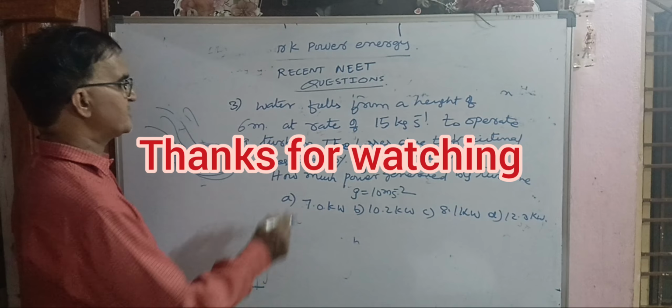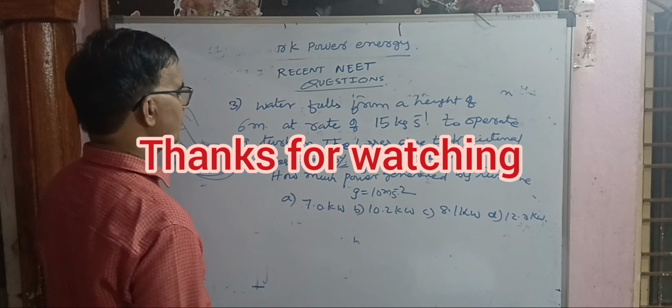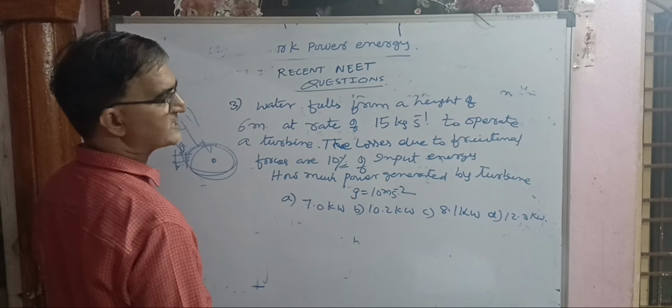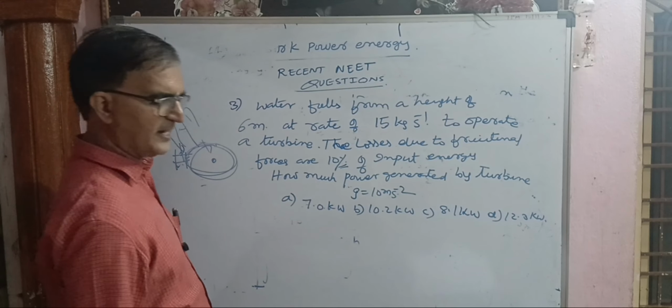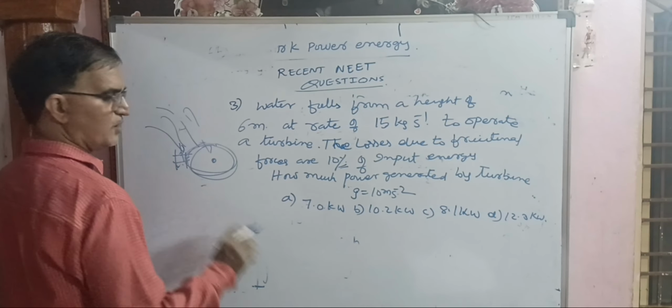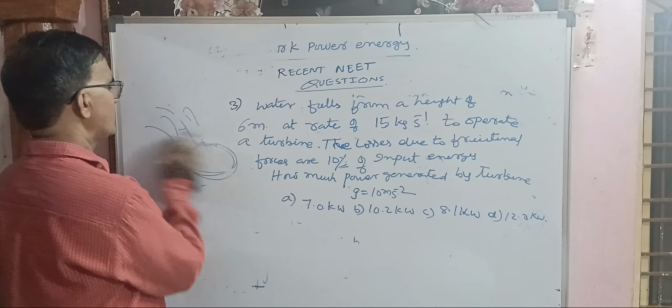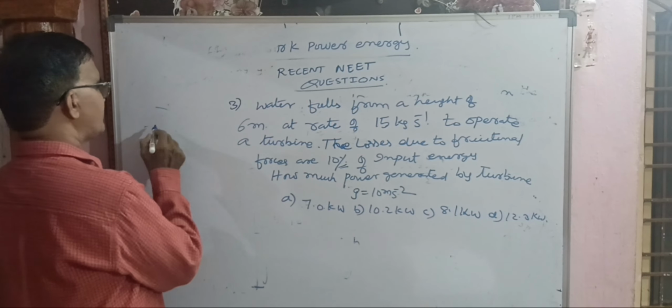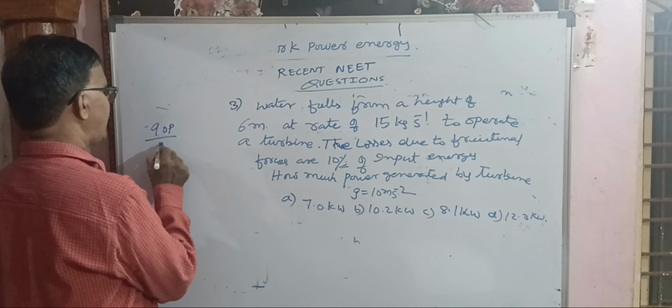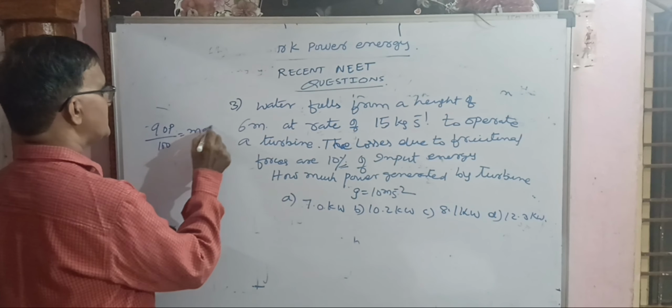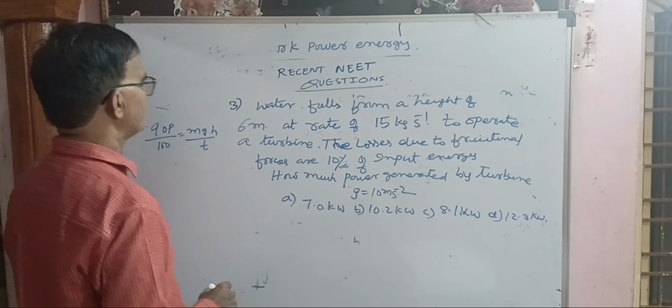In the beginning of the session I told you, the losses are 10% of the input energy. How much remains? 90%. So if you go for the solution here, 90% of the energy is used. 90 P by 100 is equal to mgh by time.